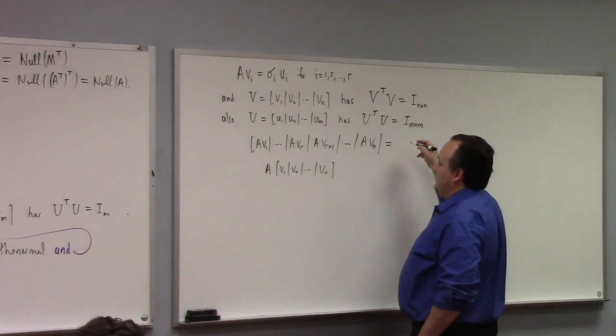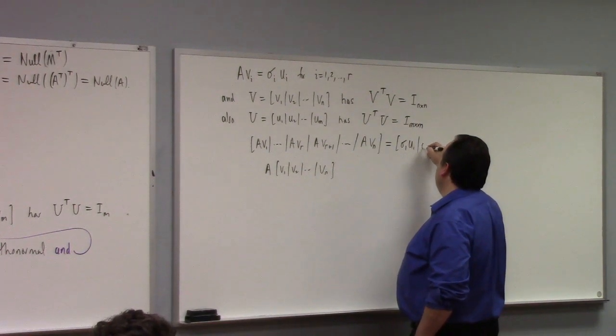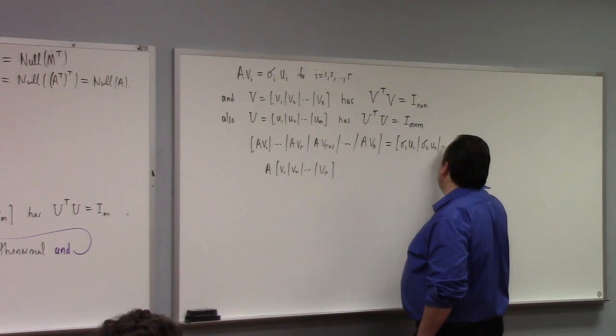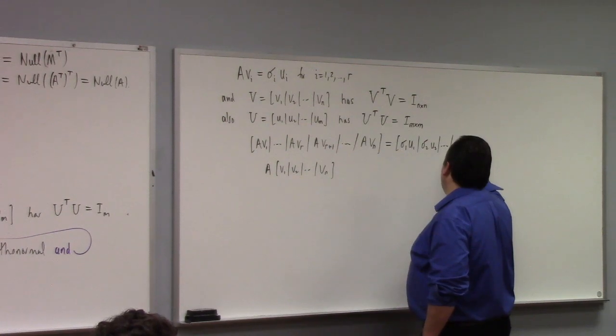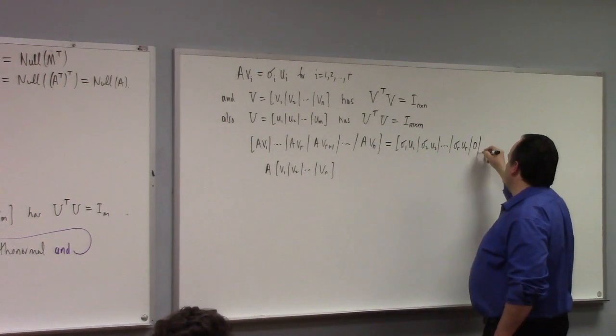But on the other side, it's equal to sigma1 u1, sigma2 u2, ..., sigma_r u_r, and then zeros.